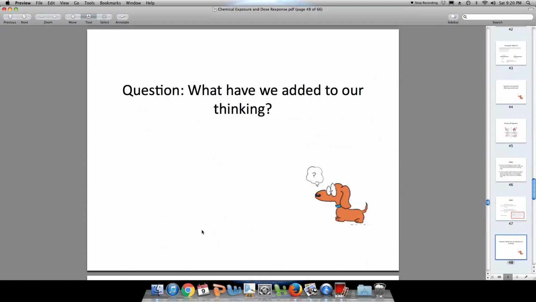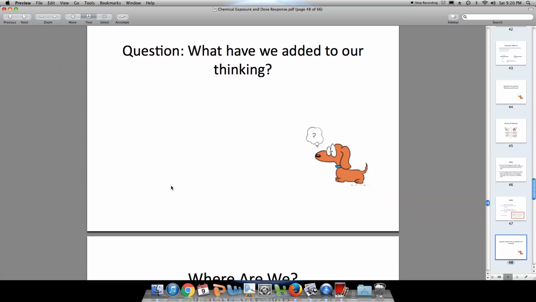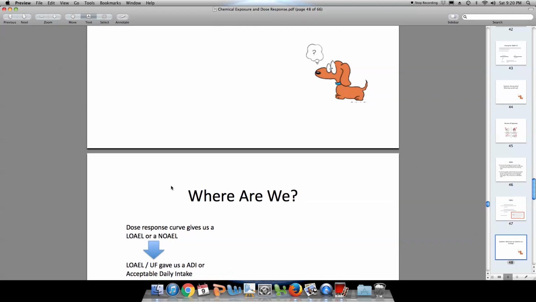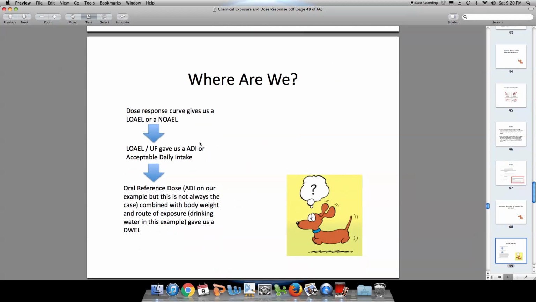Okay, so what have we added to our thinking? What have we added to our understanding of the dose-response curve and what we can do with the dose-response curve? Okay, we have a lowest observed adverse effects limit or a no observed adverse effects level.